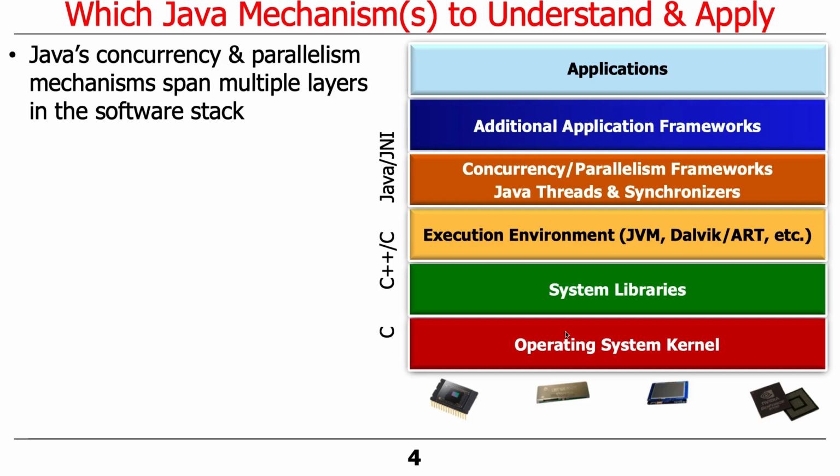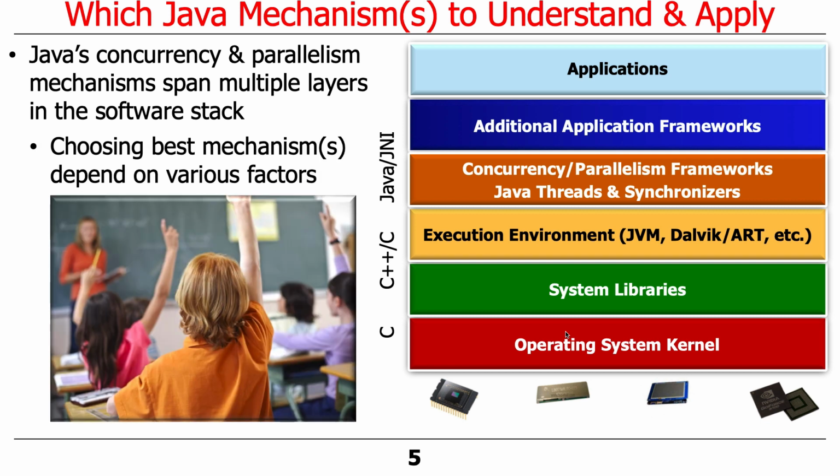So first thing to remember, and we'll talk about this a lot later in the course, Java's concurrency and parallelism mechanisms span multiple layers in a platform's software stack. If you think about a normal platform like the Java platform or the Android platform, they typically have a bunch of different layers that are baked in there for a whole bunch of different reasons. And choosing the best mechanisms depends on various factors and also depends on where you want to program in this stack.